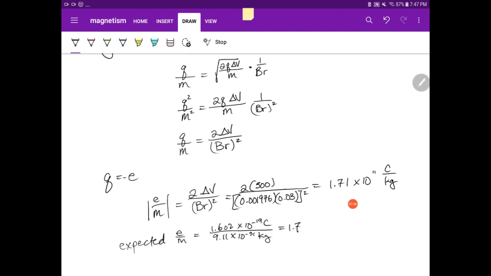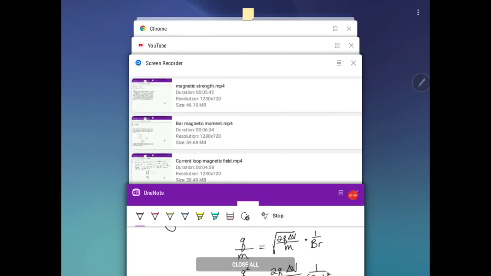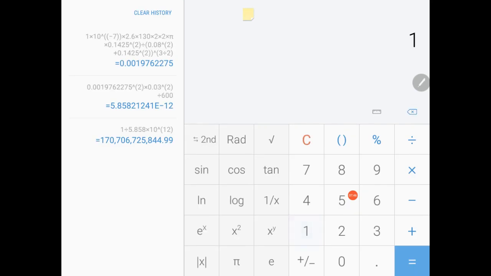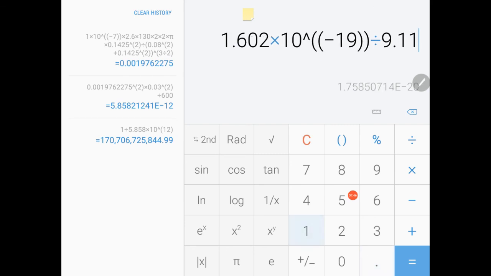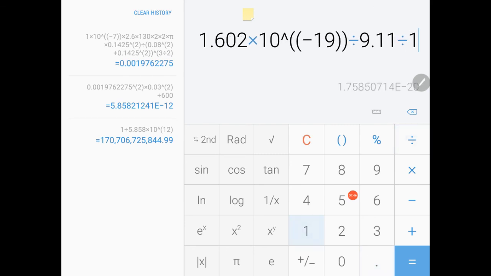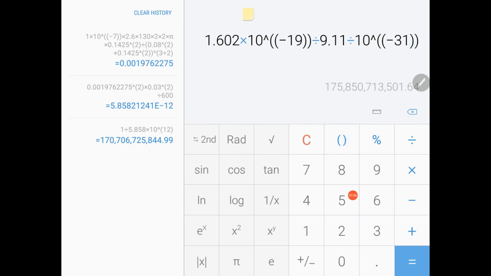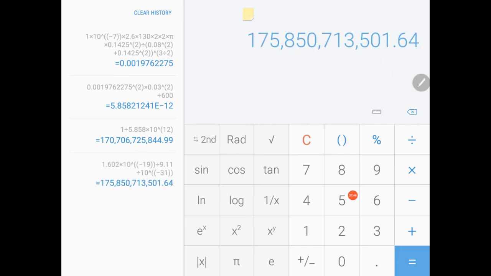Which I believe, let's see, I'm gonna have to pull up a calculator. Working? 1.76.